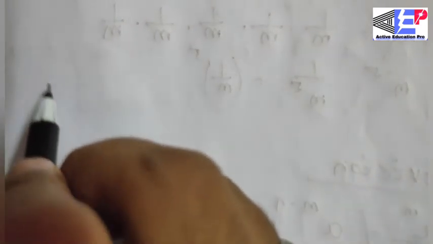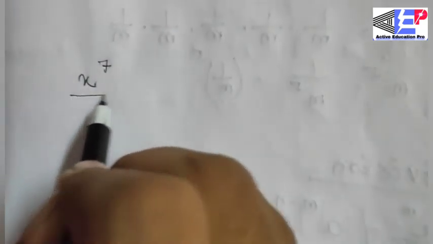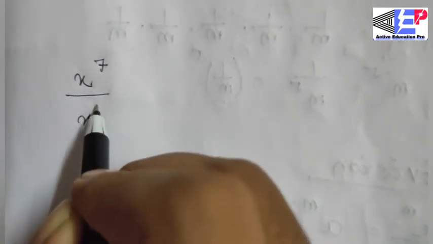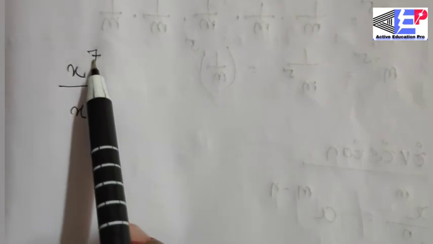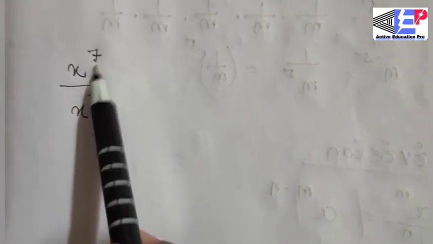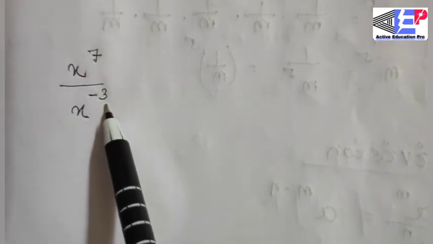Let's take another example consisting of negative powers. First a simple example: x to the power 7 divided by x to the power minus 3. Be careful here. The numerator power is 7 and the denominator power is minus 3.